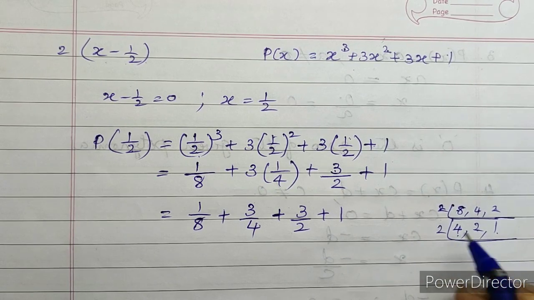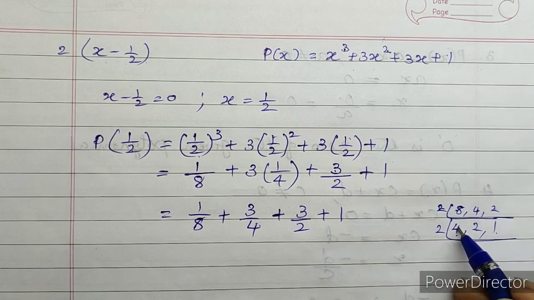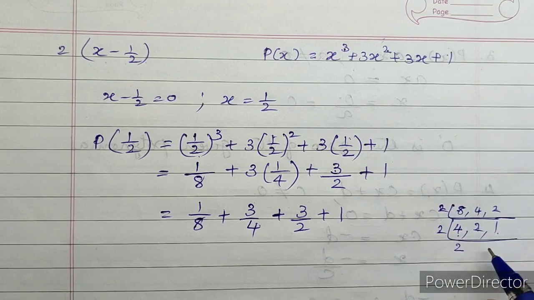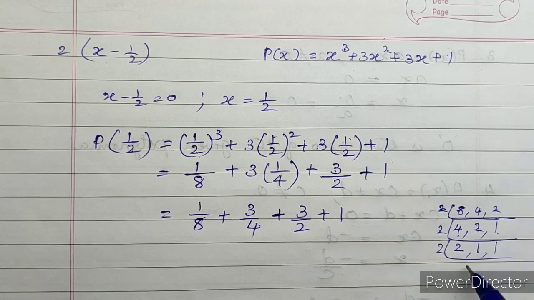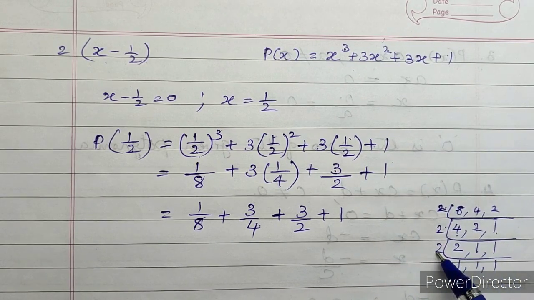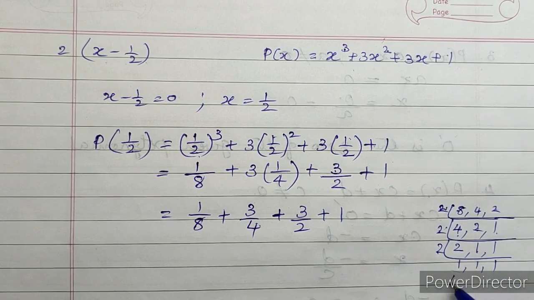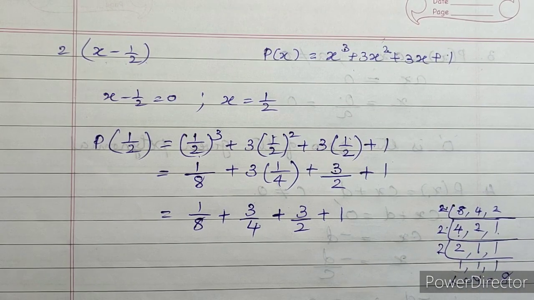Again, even numbers, so 2 only: 2, 1, 1. Again 2, giving 1, 1, 1. Till you get 1, 1, 1, you have to continue. Now multiply all these 2's. 2 into 2 is 4, 4 twos are 8. So what is the LCM? 8 only.